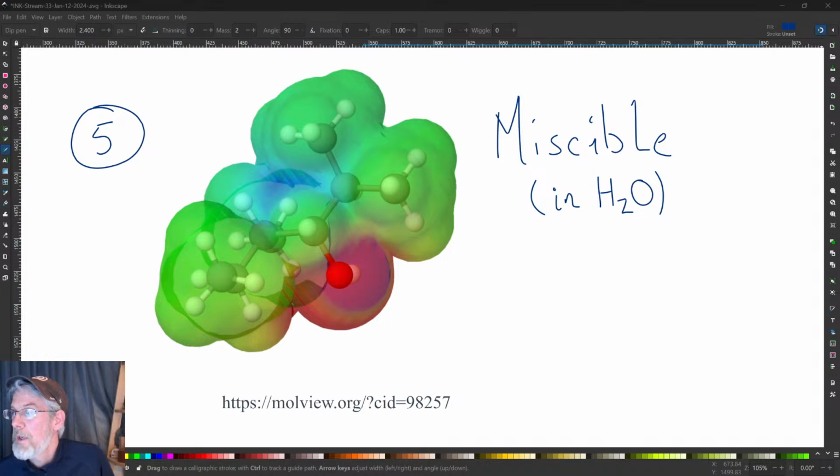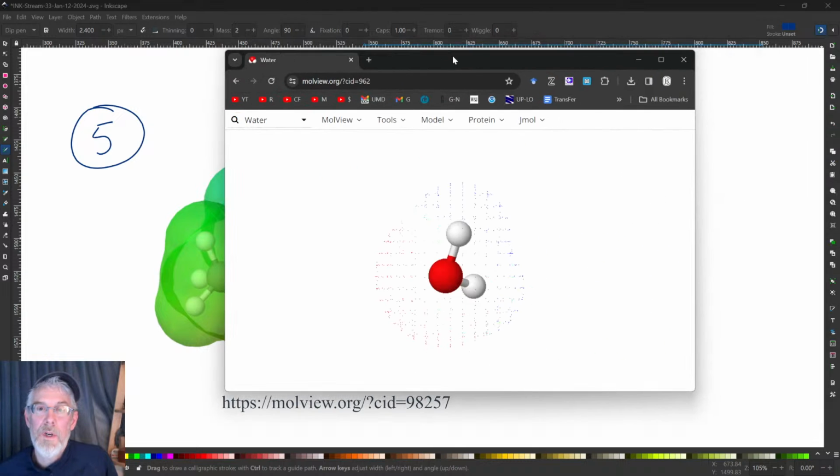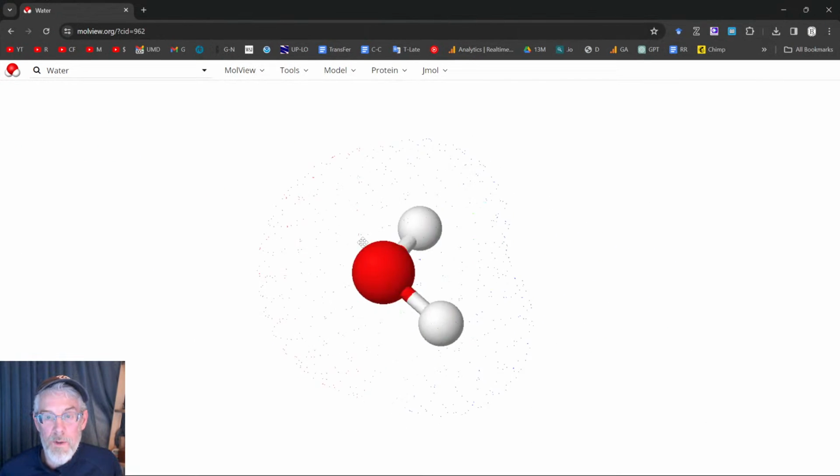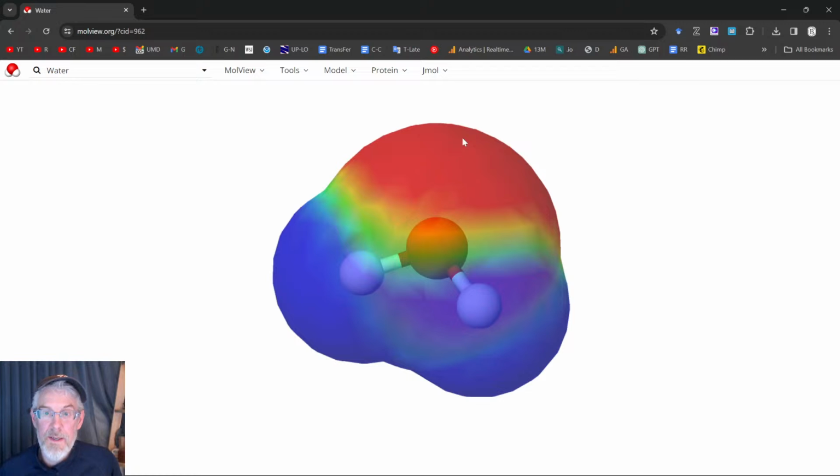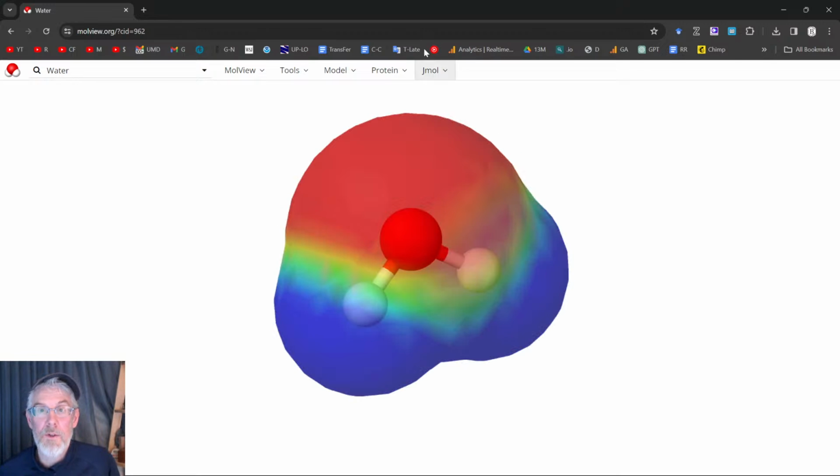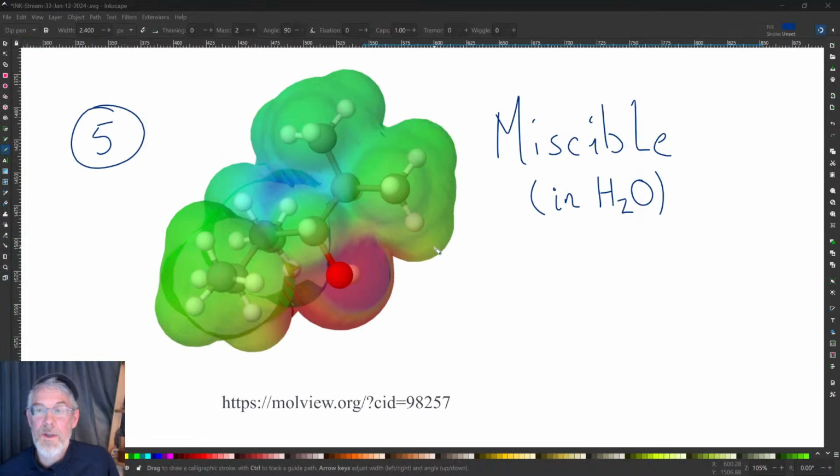Make it large. So if you're looking at water, kind of pretty. This is what water looks like in terms of polarity. Negative up here, and then these are going to be kind of the positive side of water. So it's really a polar molecule. All right, so there you go.